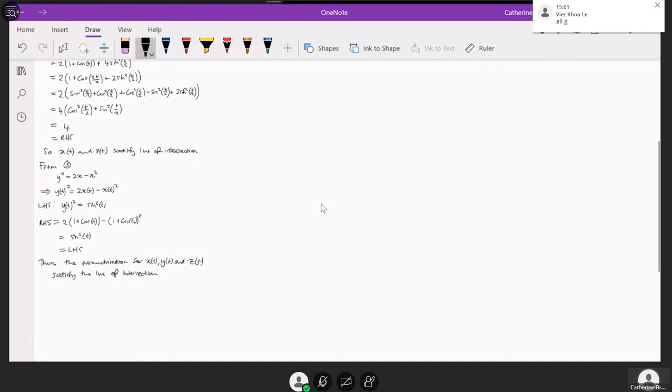But yeah, the next parts of the question are, if you define the parametric curve as x of t i plus y of t j plus z of t k, and then you just need to differentiate all the different parts to find the velocity vector and then the acceleration vector.